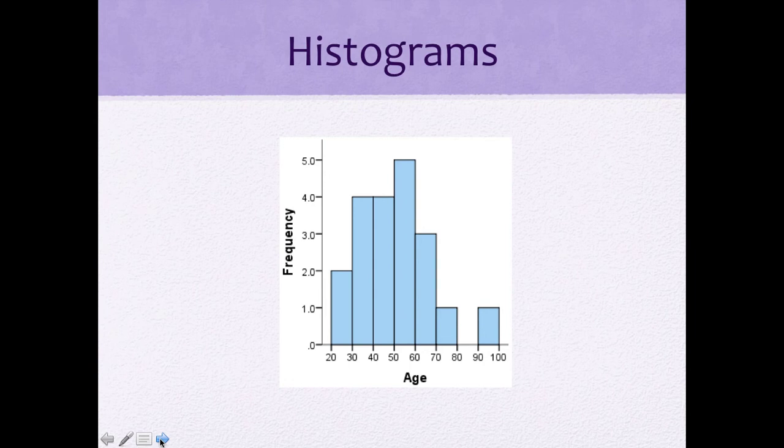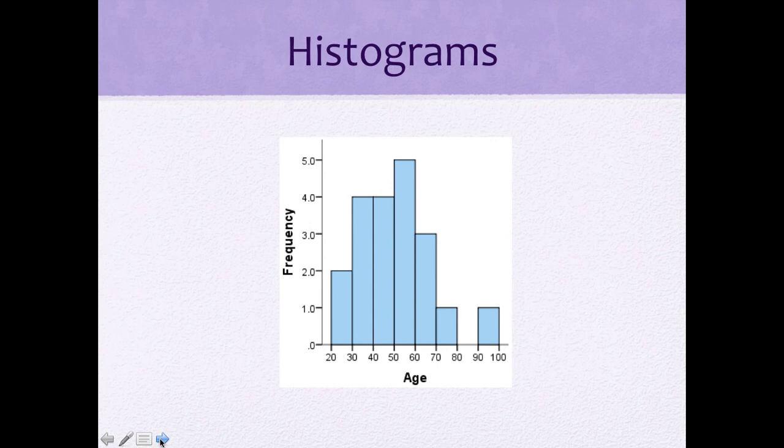And the second before you turn 30, you're still in that first bar. And as soon as you turn 30, then you're in that second bar. But because age is a continuous piece of information, you have a second before you turn 30, you have a millisecond before you turn 30, and you'd still be in that bar. Because this is continuous data, that's part of what makes it a histogram.